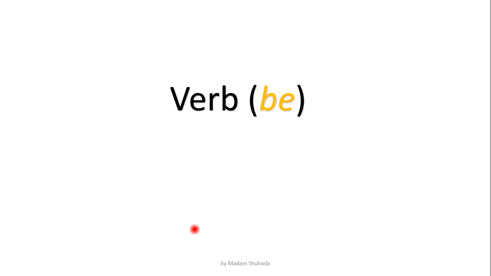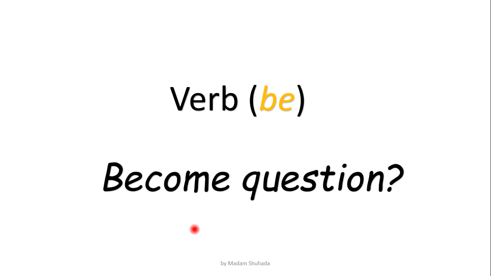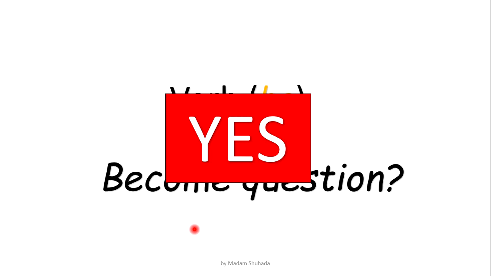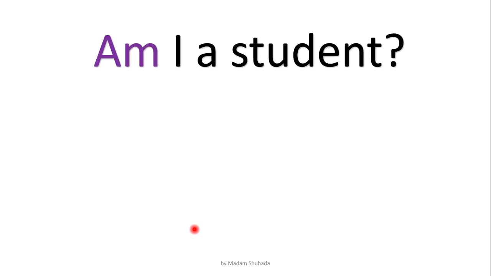Okay, now, can be verb become a question? What do you guys think? Yes or no? Okay, so this is our next topic actually. Be verb can actually be a question. Yes. It comes like this. We start with the be verb.